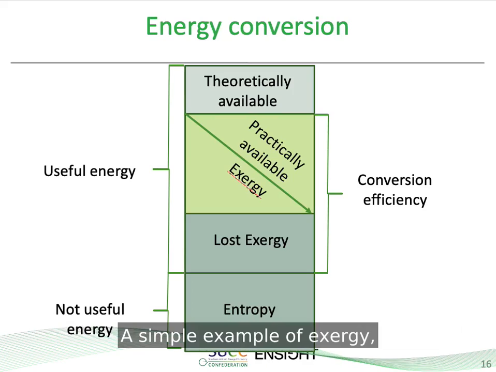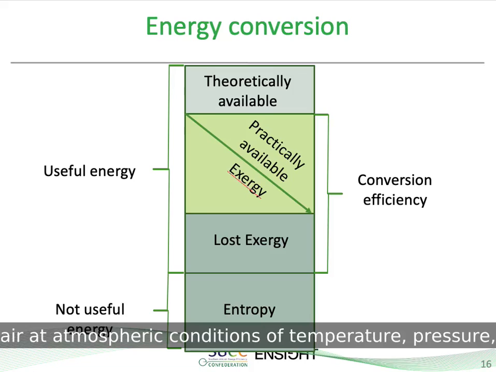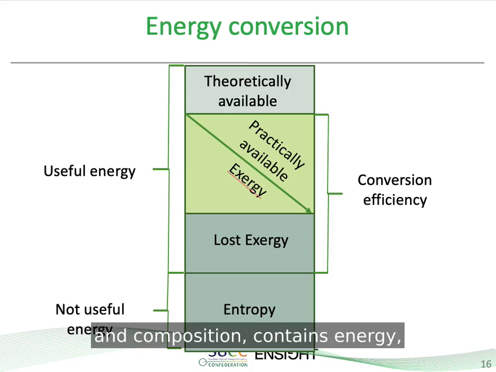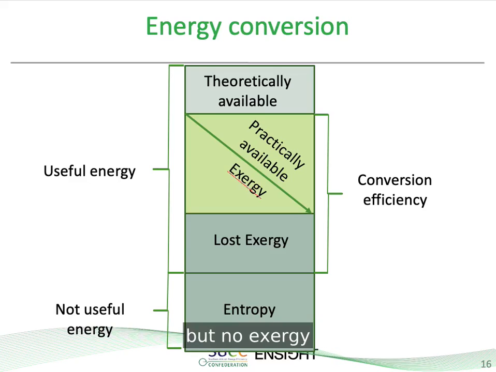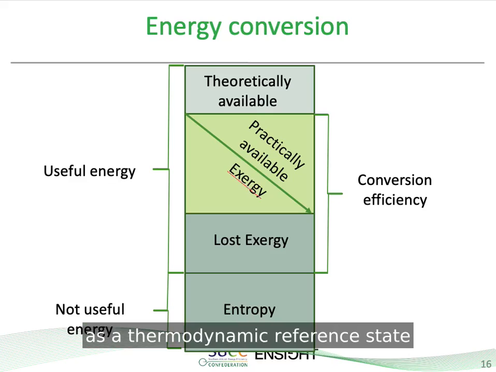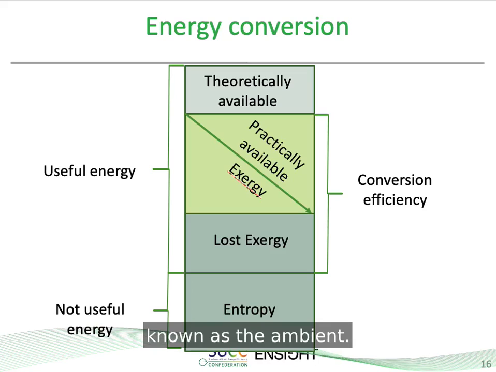A simple example of exergy: air at atmospheric conditions of temperature, pressure, and composition contains energy, but no exergy, when it is chosen as a thermodynamic reference state known as ambient.